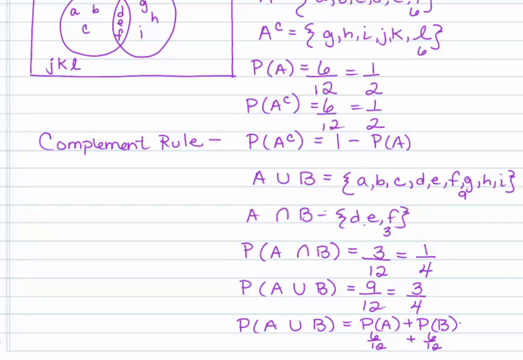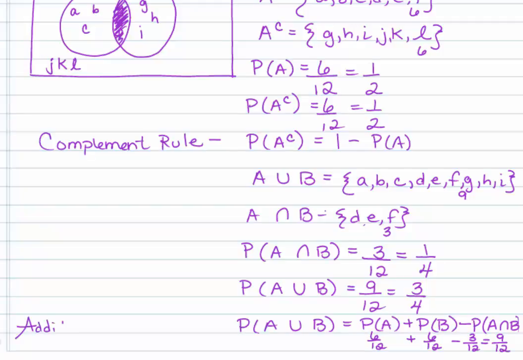But technically, we can't have 12 over 12. That's everything in there, in addition to the parts outside of that Venn. We don't want to include those. Technically, D, E, F is used twice in here, once with A and once with B. So we have to take off the probability of where they overlap, which is 3/12, and that would give us the 9/12.